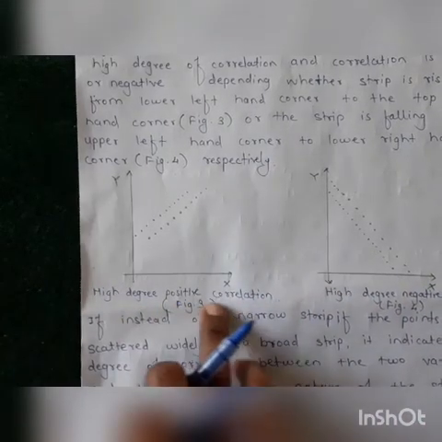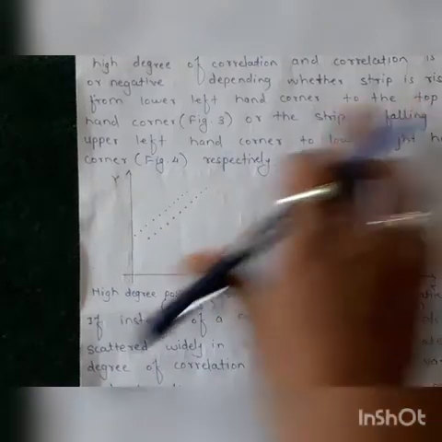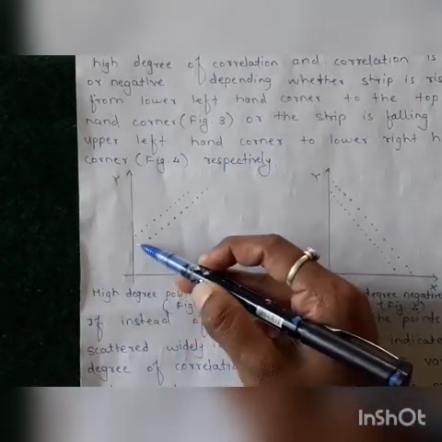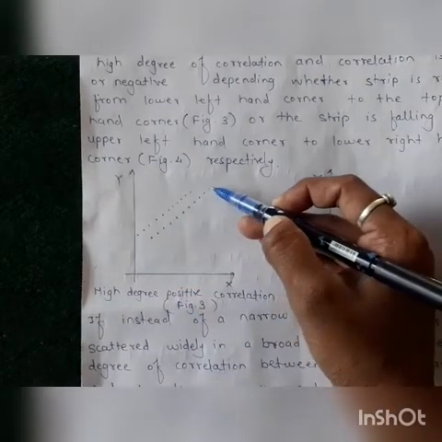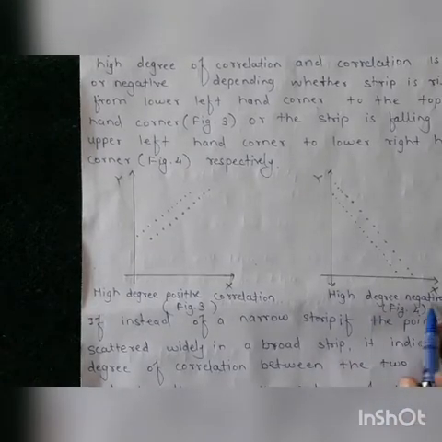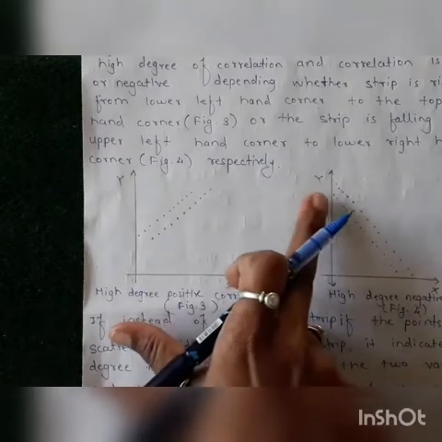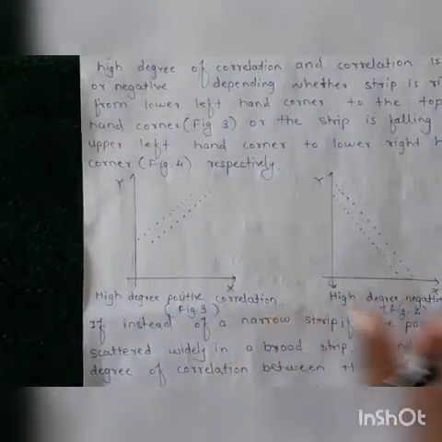In high degree positive correlation the strip is rising from the lower left hand corner to the top right hand corner, and figure 4 indicates high degree negative correlation, that is, the strip is falling from the upper left hand corner to the lower right hand corner respectively.